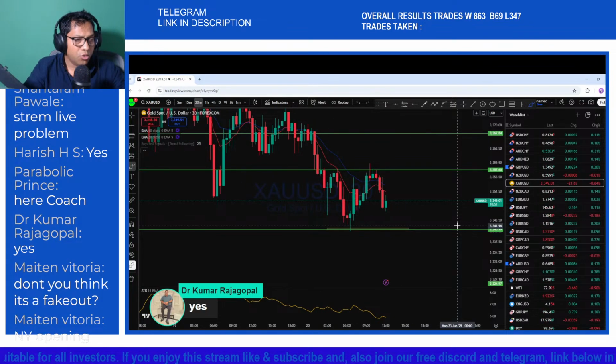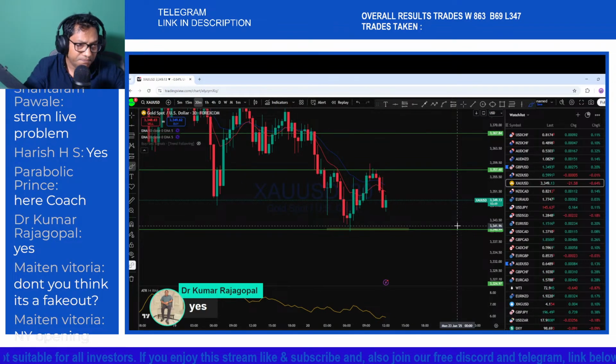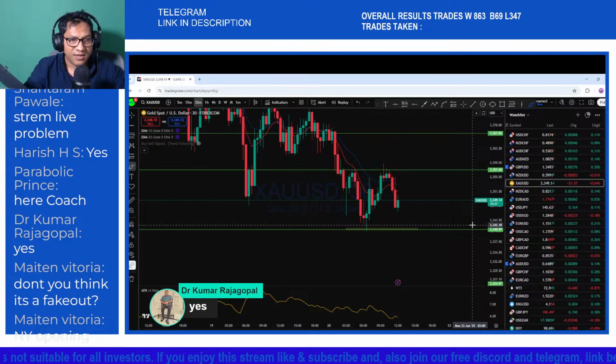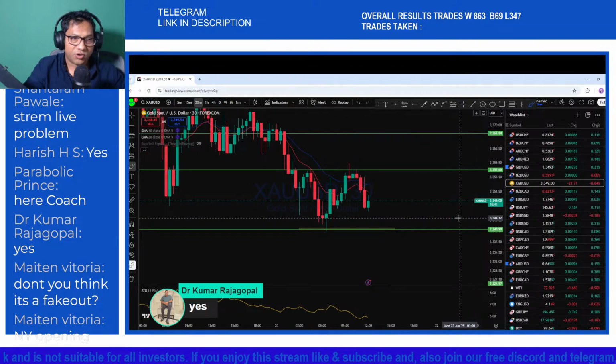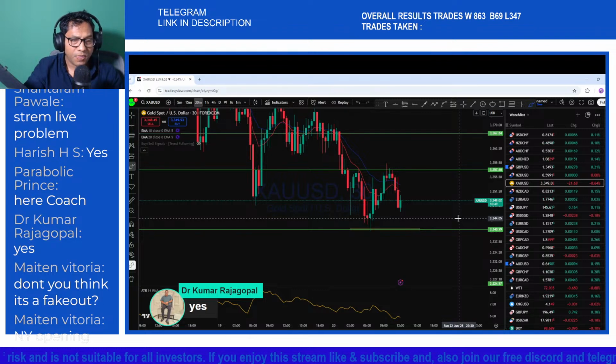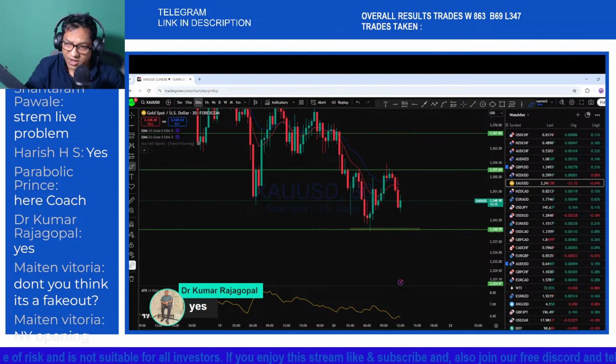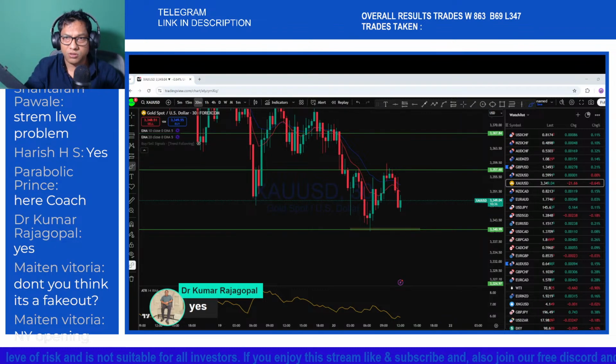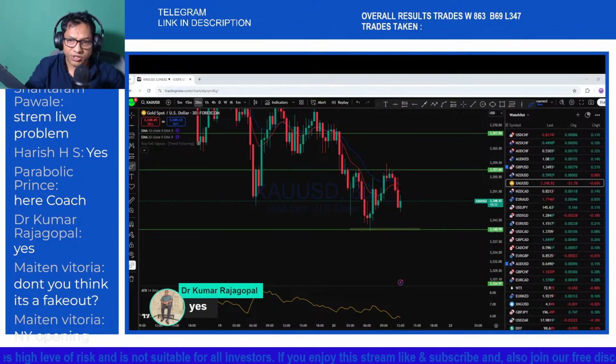So if you look at the chart, who do you compete with? If you are trading the market, you're not going to be trading against retail traders. If you trade against retail traders, you're not going to win the trade. Why?